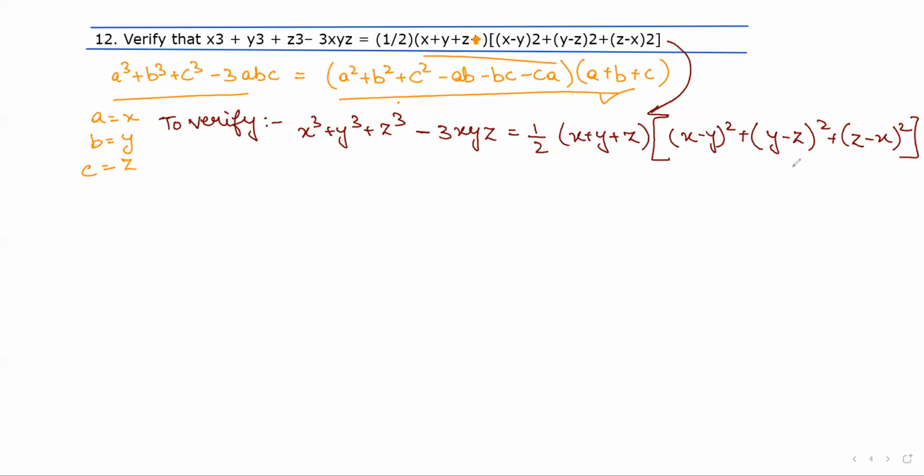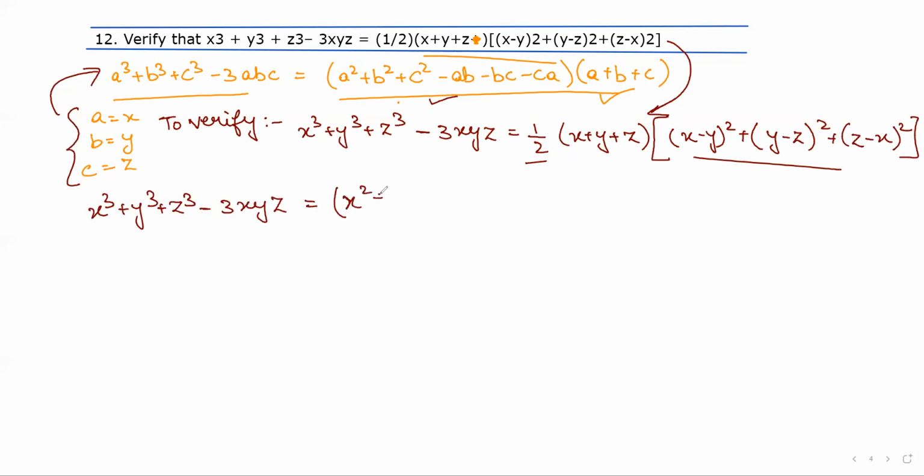So here you have to modify this so that you have this value and you have 1 by 2. Let's replace these a, b and c in your formula. So your formula becomes x cube plus y cube plus z cube minus 3xyz is equals to x square plus y square plus z square minus xz minus xy minus yz, x plus y plus z.